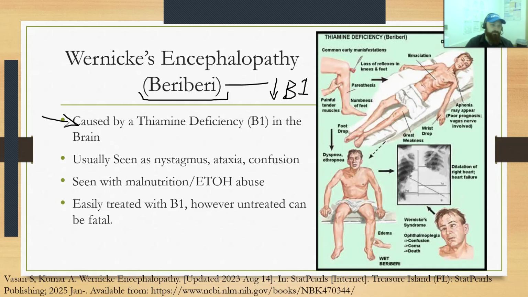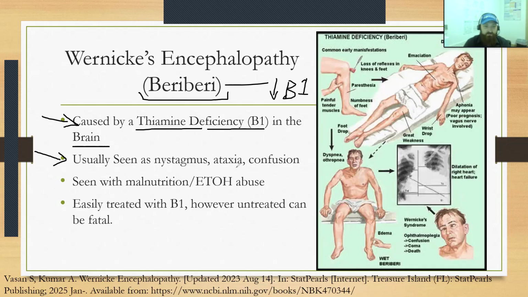Again, you'll see that listed as thiamine. That is one of the vitamins that you need in your body. Vitamin B1 deficiency in the brain specifically, and what we usually see is nystagmus, ataxia, and confusion.